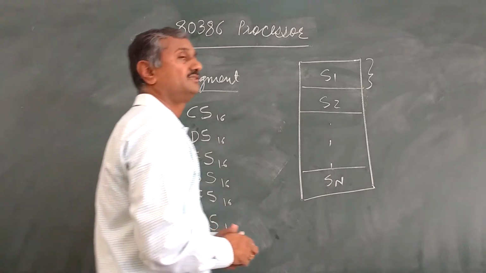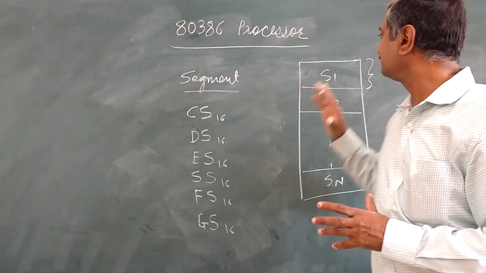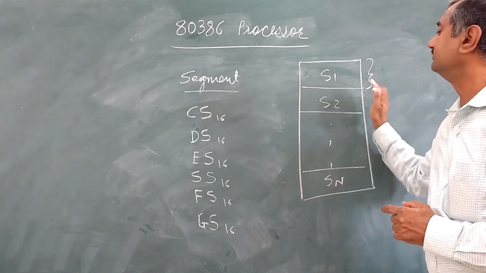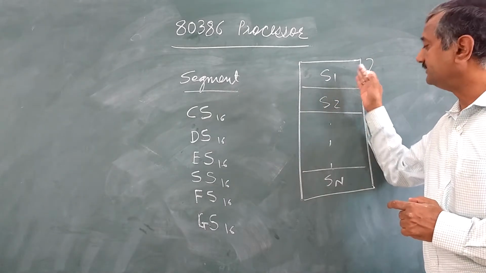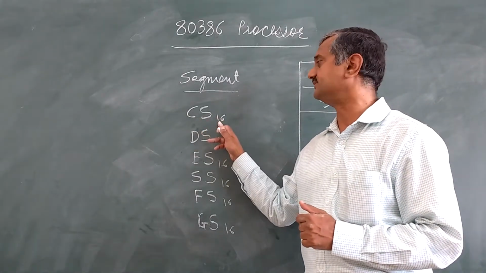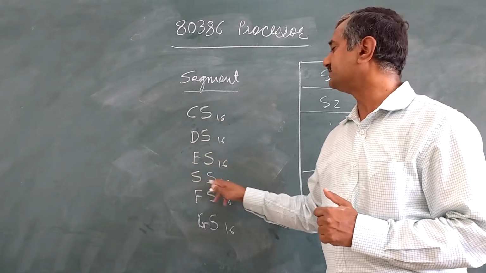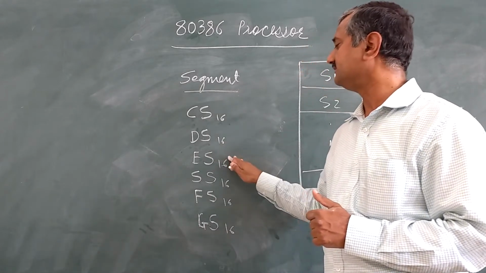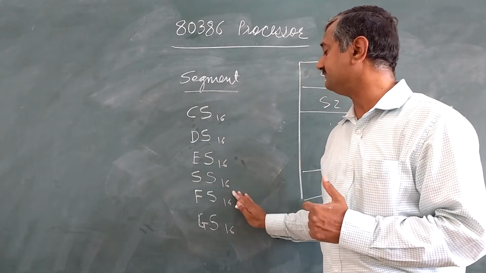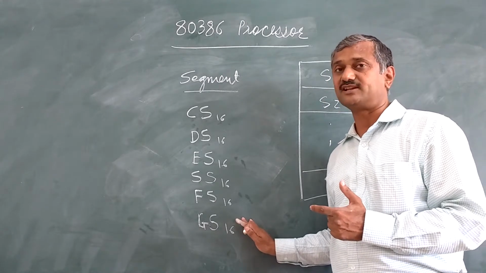These registers play the role in deciding the initial address and the particular location of that segment in the memory. So, as the name suggests, these are classified registers for specific functionality, like CS for code, DS for data, SS for stack. Extra segment, as the name suggests, is not extra, but it can be used as a data segment. FS can be used as an additional data segment. GS can also be used as an additional data segment.